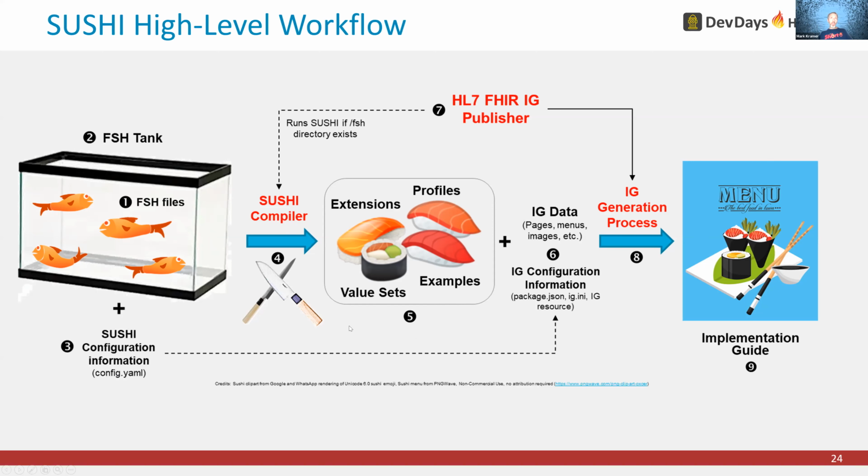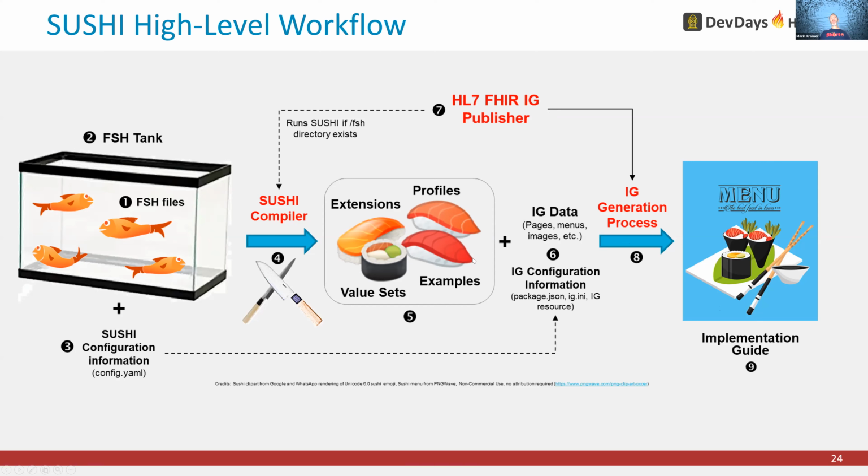You can actually stop there, or you can go further. You can create pages, menus, images, all these things that you need to create an IG. Then you can run the FHIR IG publisher, which runs the IG generation process to give you an implementation guide. And you can think of the implementation guide as the menu for all the things in your IG.